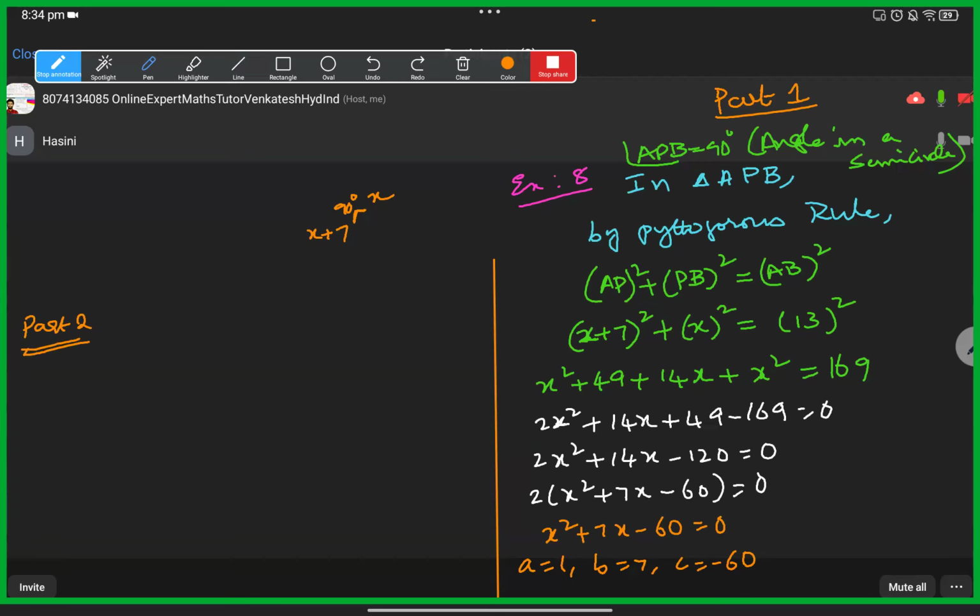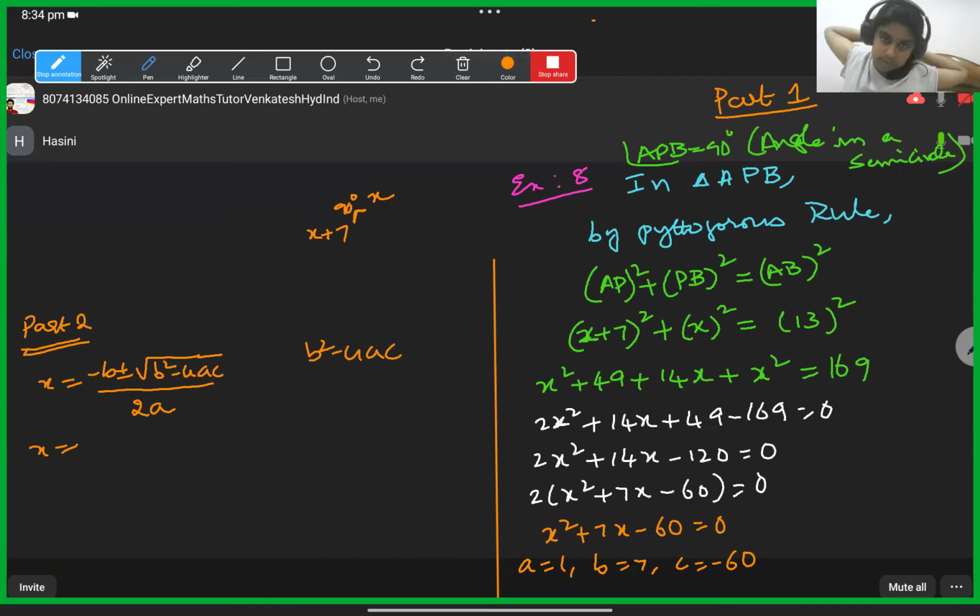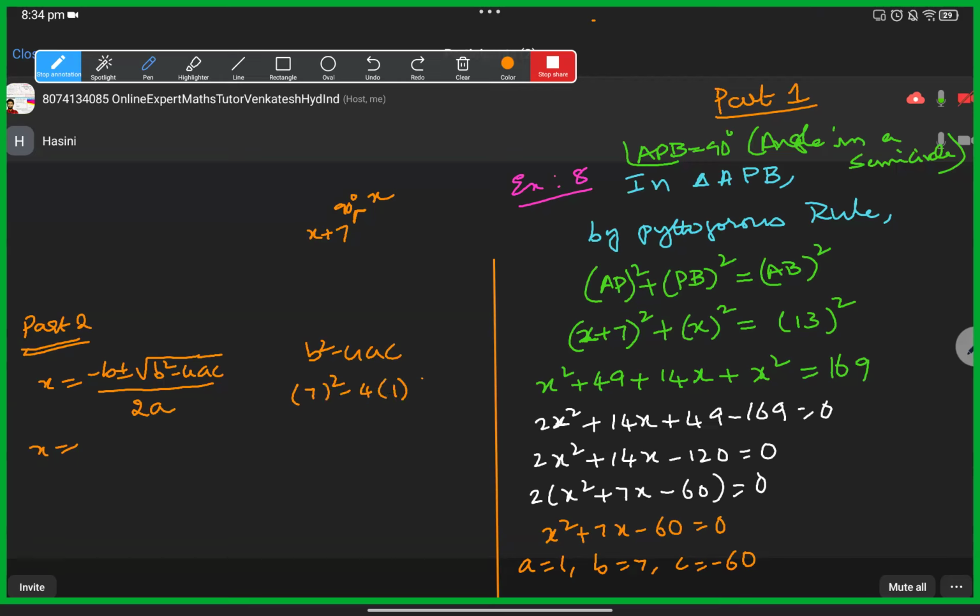So actually, x is equal to minus b plus or minus root of b square minus 4ac by 2a. So b square minus 4ac value I'm finding out. So 7 square minus 4 into 1 into minus 60. So 49 minus 4 into minus 60 is plus 240, so 289.